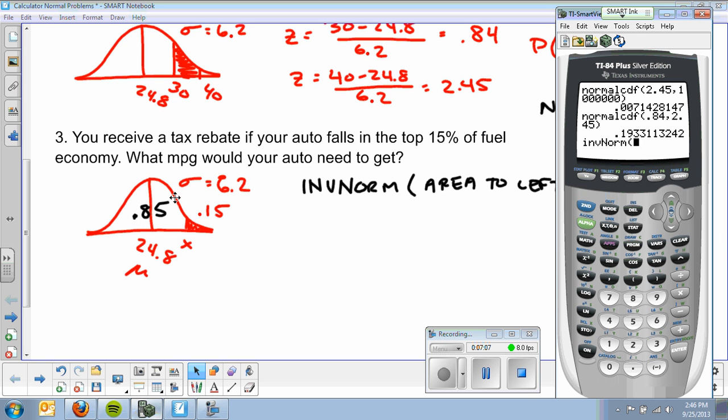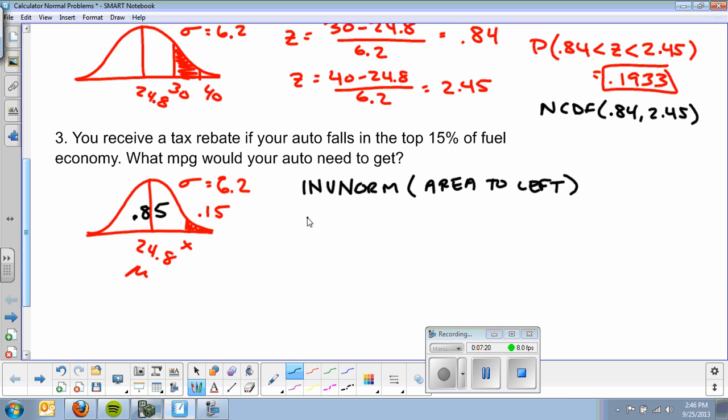Again, it has to be the area to the left. And again, there's my z-score without having to use the table. So I entered inverse normal, 0.85, and I got 1.04.